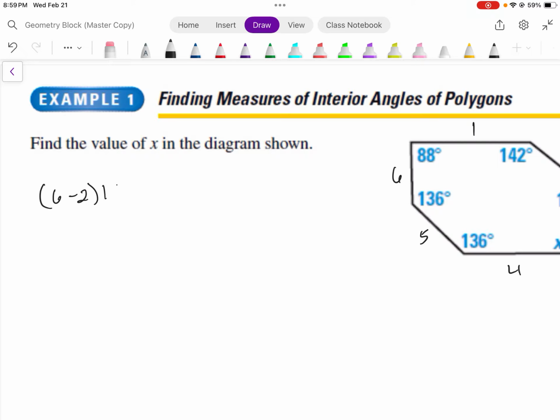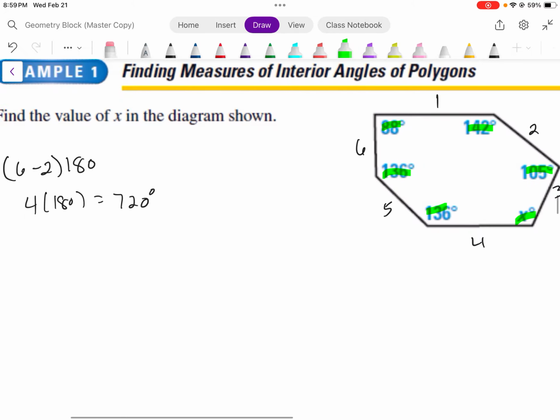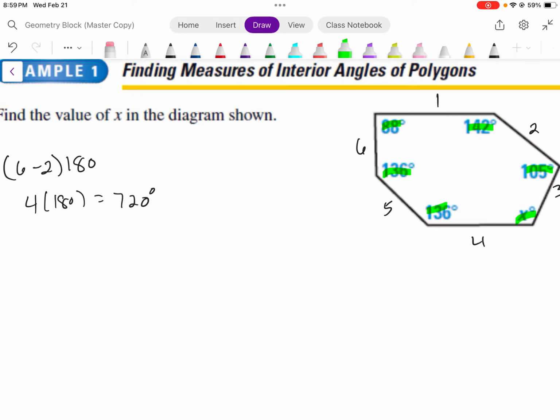So again, to find the interior sum, 6 minus 2 times 180, 4 times 180, which will give us 720. And again, that is my interior sum. That is saying that all these angles should add up to be 720. That's what I'm going to do to set up my equation then.